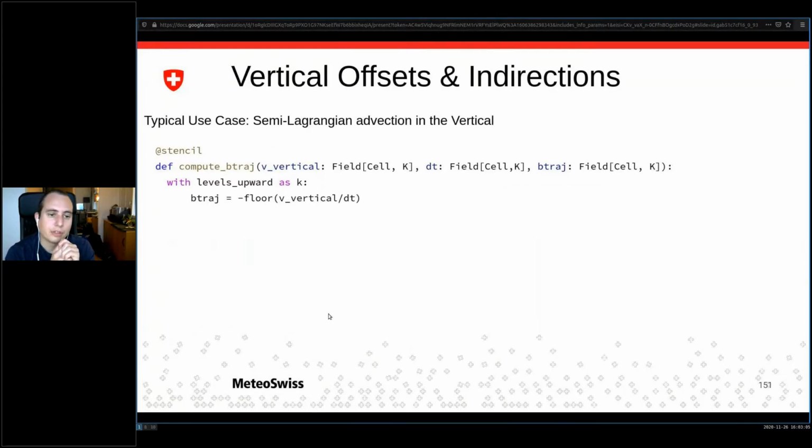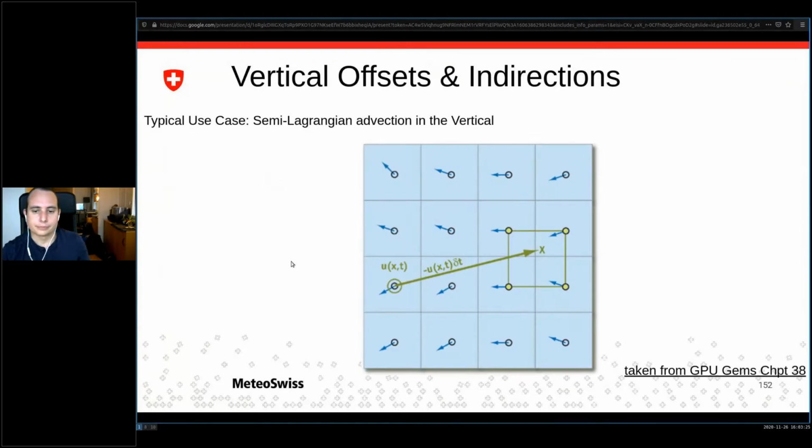I also always want to give a little background why these things might be useful. The classic use case for indirections would be semi-Lagrangian advection, in this case in the vertical. In a first step, you would compute the backwards trajectories to get an offset field. Maybe just as a quick detour for the people not familiar with semi-Lagrangian advection.